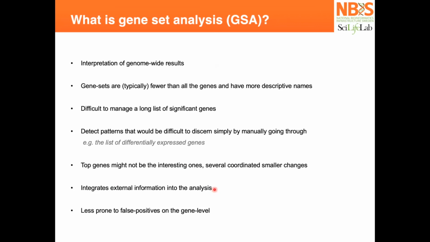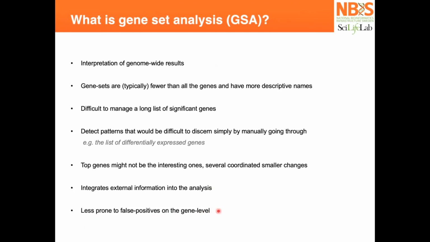And this is a way to integrate external information into your analysis. So in this case, pathway or function to the gene, but you can associate anything to that. And one of the examples, especially for single cell, would be cell type identification. And that can also be done via GSE, and you'll see that on Friday, I think.